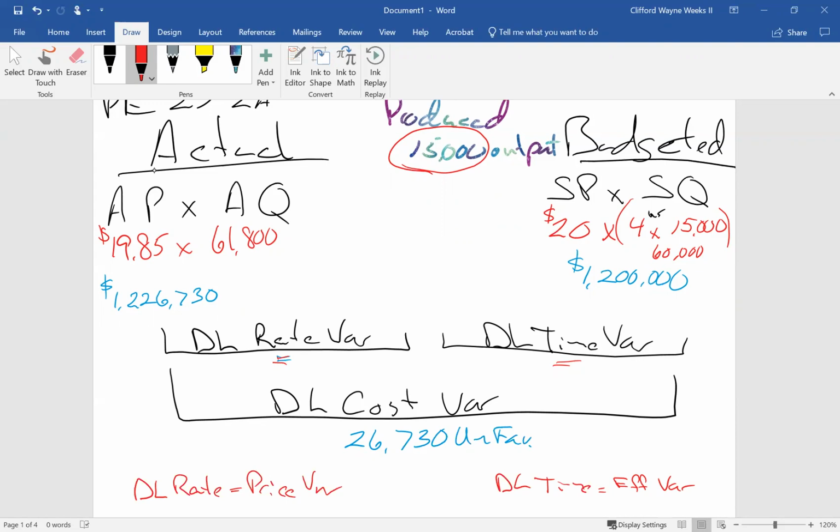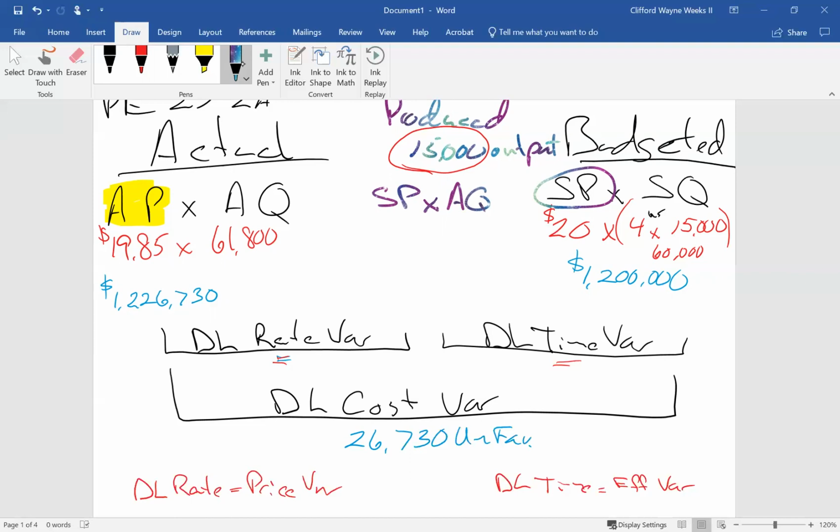And so really what we're going to do to figure out the rate difference, we're going to take the actual price and compare that to the standard price. If we're going to make a middle column, we're going to bring this standard price over here, and multiply that times the actual quantity. And so what we've done is we've constructed our middle column.